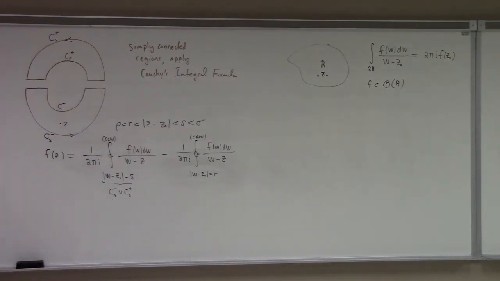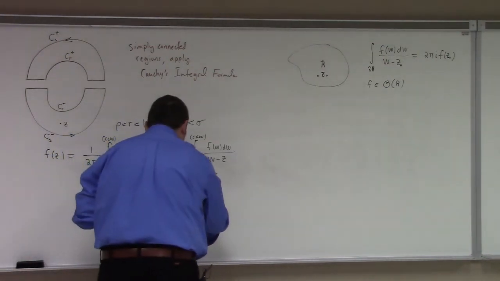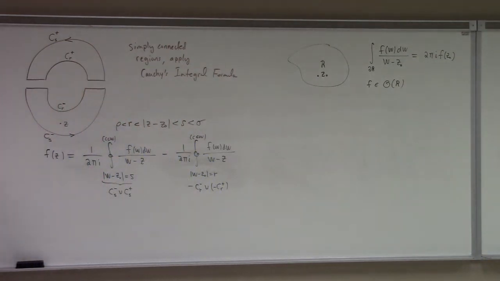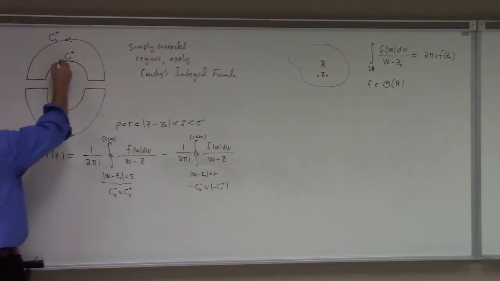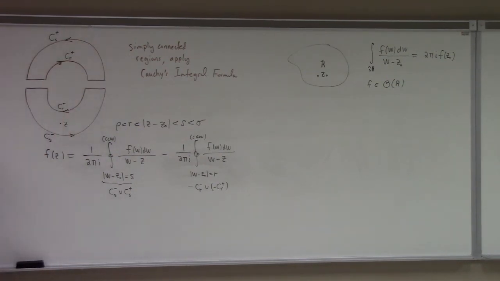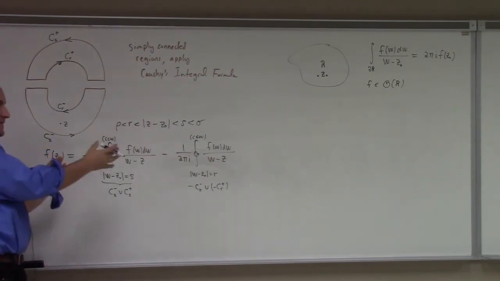And the second one is actually minus CR minus union minus CR plus because they're disoriented. You see the inner circle as it's picked up from the crosscut. Well, anyway, the positive orientation for the whole is clockwise. So it's opposite the counterclockwise orientation. You might just give the circle CR in the absence of this larger discussion. And so you see what's going on here is you could add these together, and what do you get?